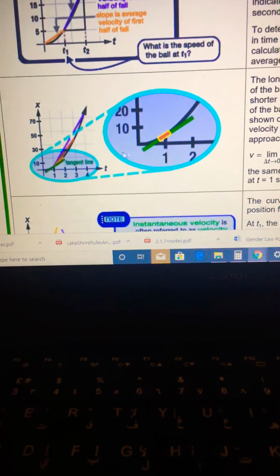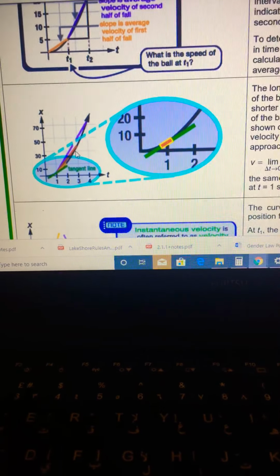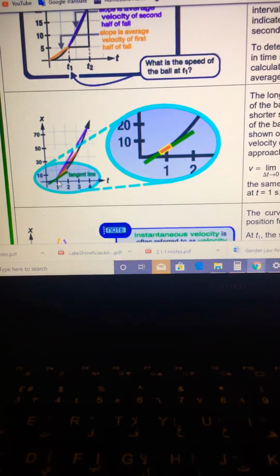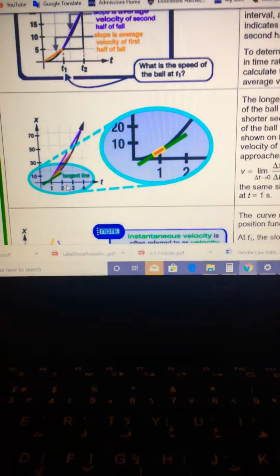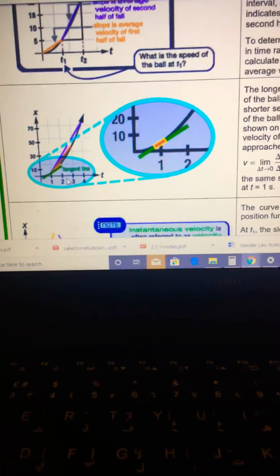So the longest secant represents the average velocity of the ball over a 3-second interval. The slope of the shorter secant line represents the average velocity of the ball over a time interval of 2 seconds and 1 second.